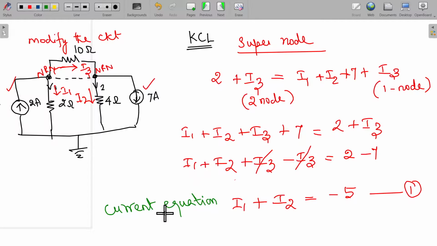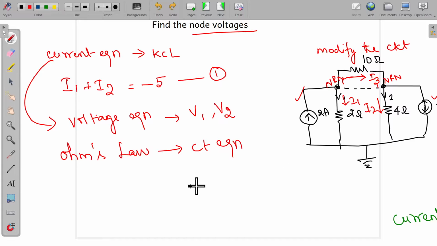But actually we need to have the node voltages only and not the currents. So in order to convert this current equation into nodal voltages, we must apply Ohm's law. What is Ohm's law?